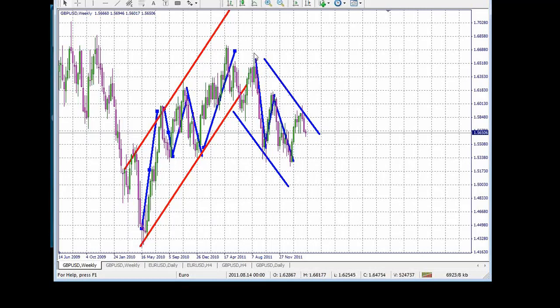We have to draw the trend line taking two highs, this will be one high, this will be the second, and then set the lower trend line. But I want to put those channel lines with a little bit of distance, because I want you to see how the market is acting.